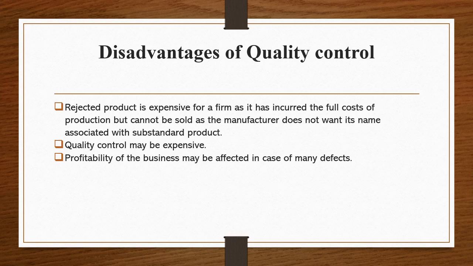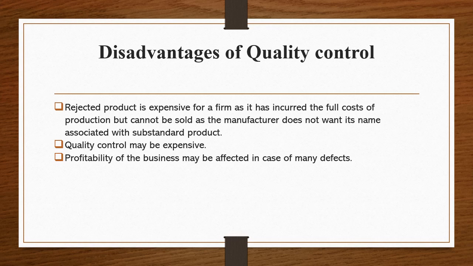So after carrying out production, and then quality control, a business may identify some commodities which have defects or problems, and the business may fear to take those products out on the market. So those products will contribute to a loss to the firm, because the firm will not sell them, and yet it will have spent money on producing them. So that one is a disadvantage.